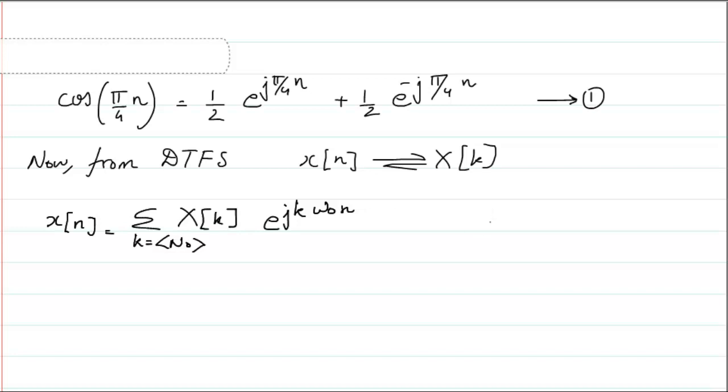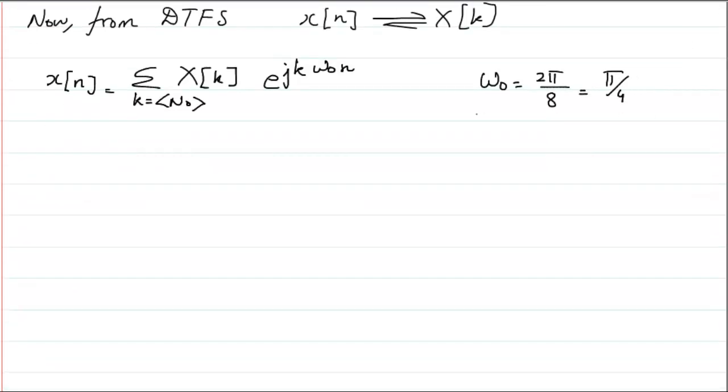What is omega naught here? Since the periodicity is 8, I get 2 pi by 8, which is pi by 4, correct? Omega naught is pi by 4. So I will write x of n as summation, k equal to 0 to n naught minus 1, which in our case, n naught being 8, will come as 7.